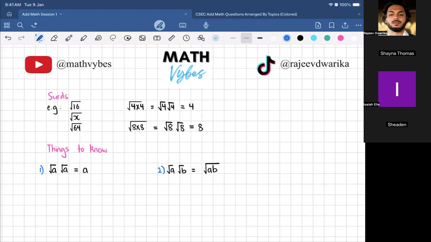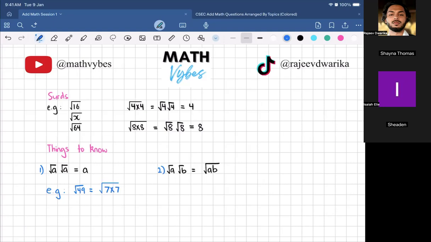What about 49? Would you say 49 is a square number? Yes, 49 is a square number. Right, because to get 49, you could say 7 by 7. So let's do an example here. Let's just say I ask you for the square root of 49, and I could write that as the square root of 7 by 7.